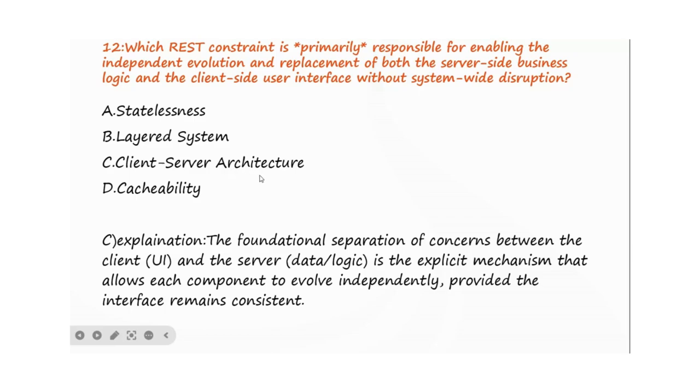Option C, client-server architecture. Explanation: the foundational separation of concerns between the client and the server is the explicit mechanism that allows each component to evolve independently, provided the interface remains consistent.